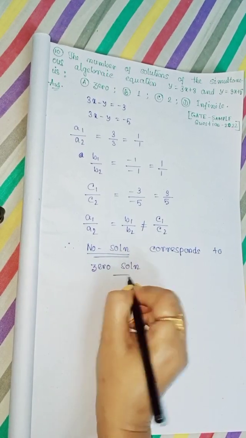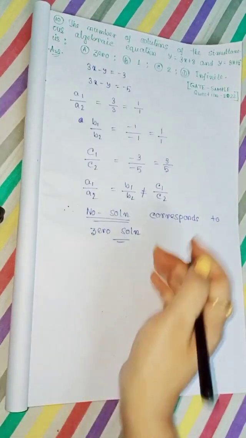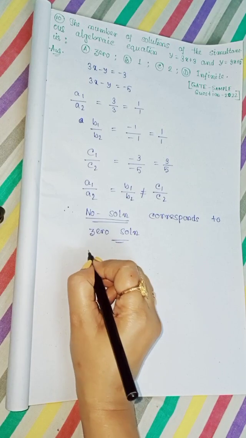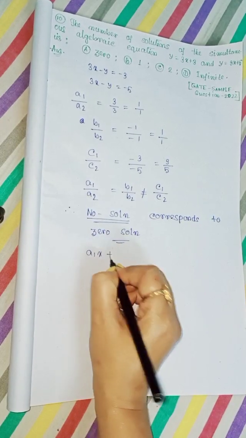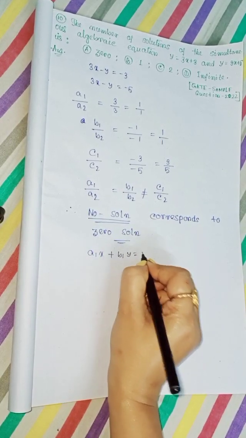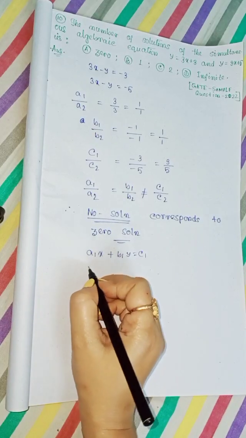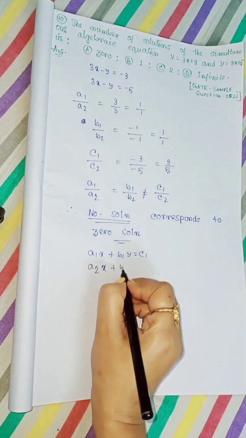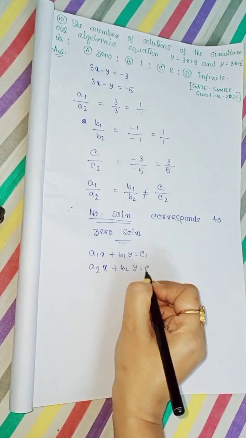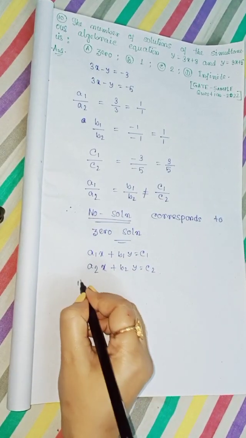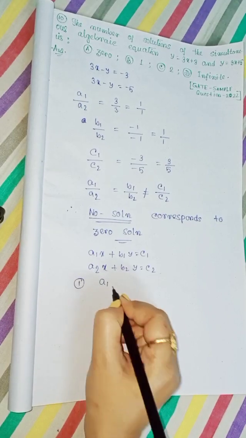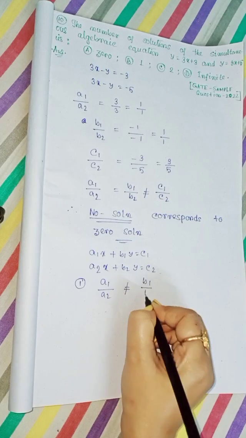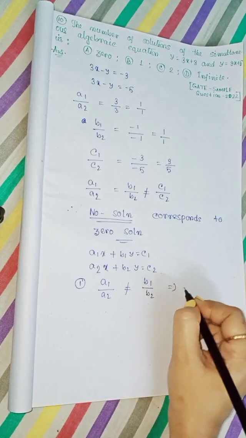Now I am explaining the system of equations. We know if a1x plus b1y is equal to c1 is one equation and a2x plus b2y is equal to c2 is another equation, then in case 1, a1 by a2 is not equal to b1 by b2, we get a unique solution.